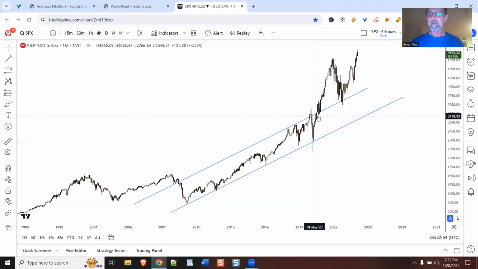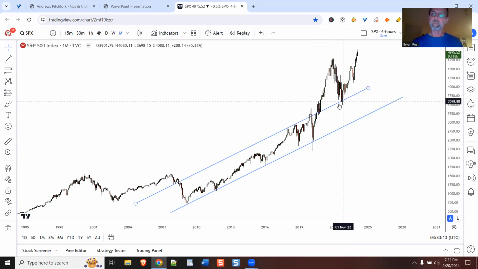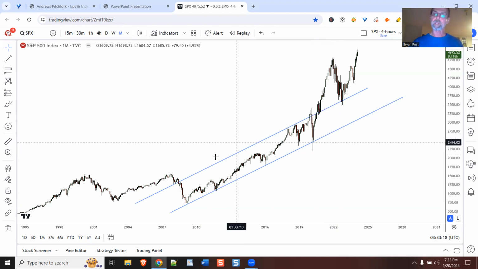We can see there was an overthrow back into the channel, another overthrow, but then we tested that level for support, off to the races, and now we come back and test that level for support. And it's this retest that shows the validity of this trend line as the top of that channel.